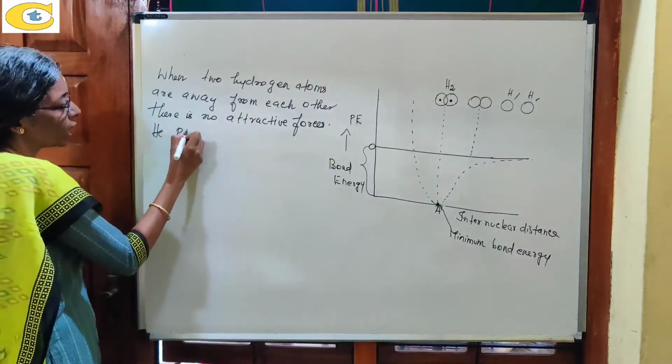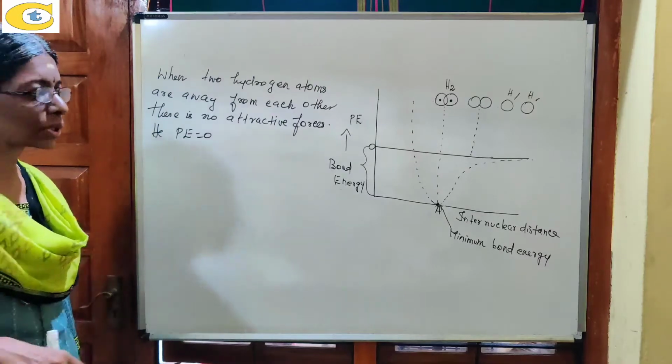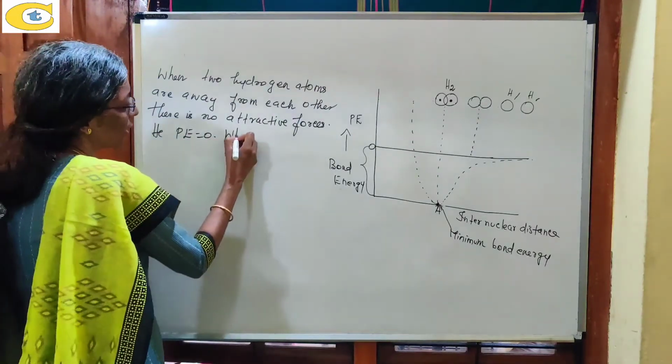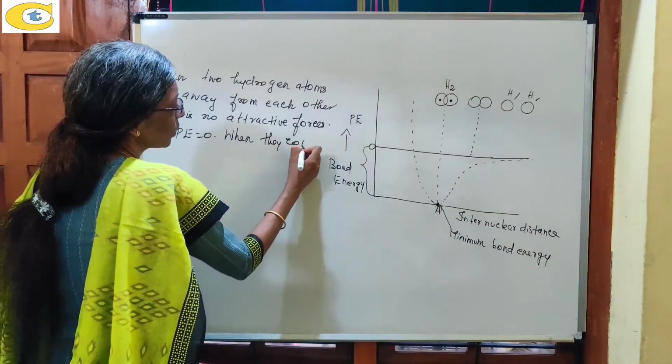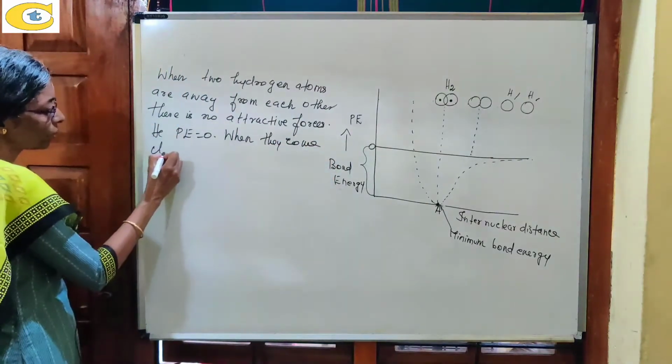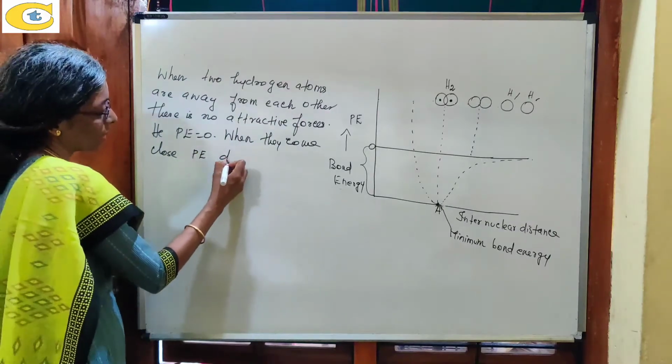Here potential energy is 0. When they come closer to each other, potential energy decreases.